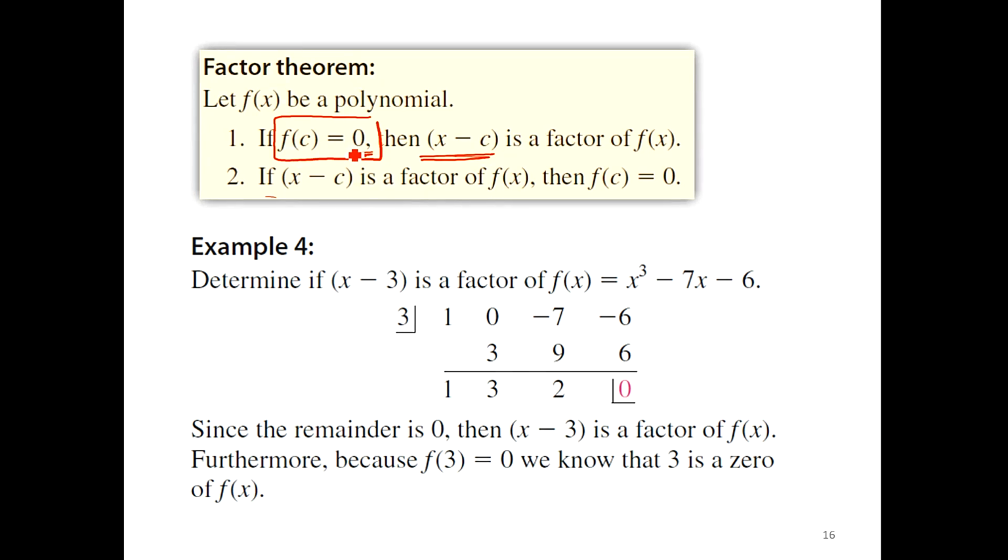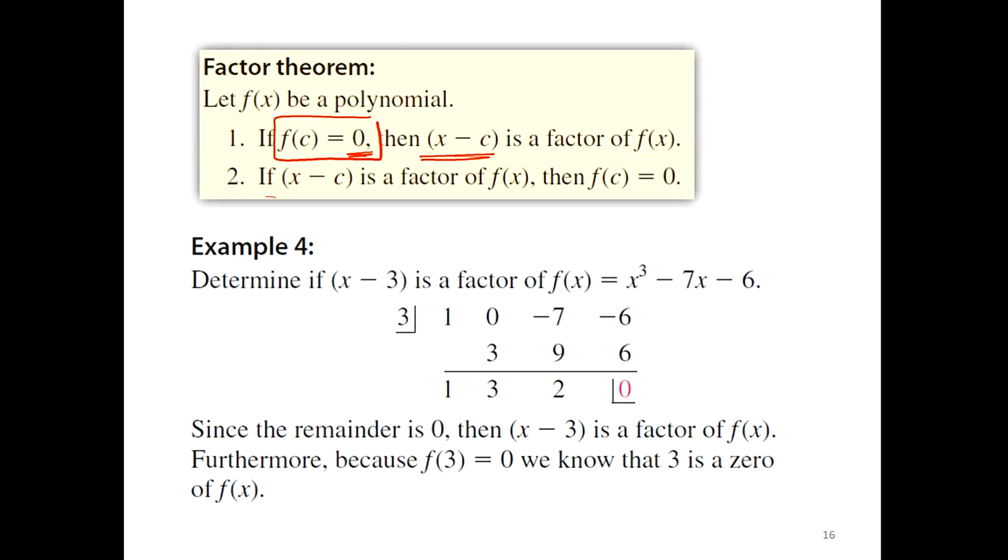If f of c equals 0, then x minus c is a factor. If x minus c is a factor, then f of c equals 0, so the remainder is 0. When the remainder equals 0, we have the factor x minus c, and f of c equals 0 also.